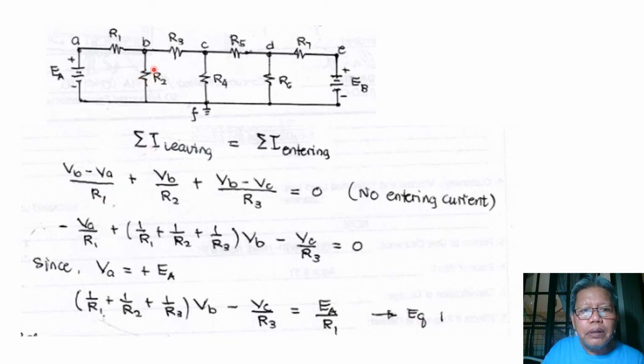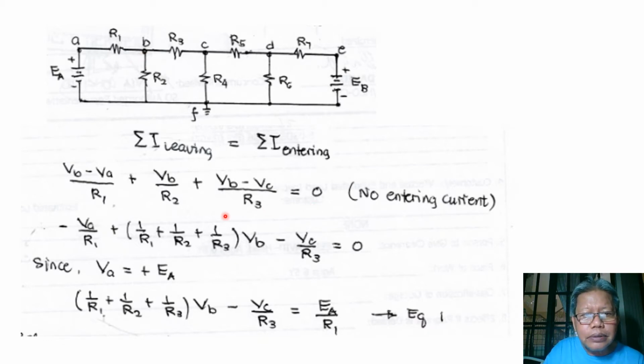And the current here would just be V_B over R2, because the voltage across R2 is just V_B. Now, the current here would be V_B minus V_C over R3, equal to 0. And at the right, it is equal to 0 because there is no entering current to node B.